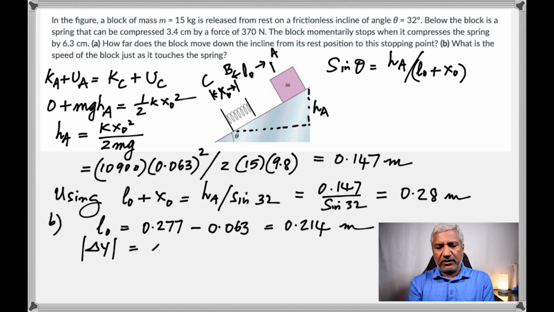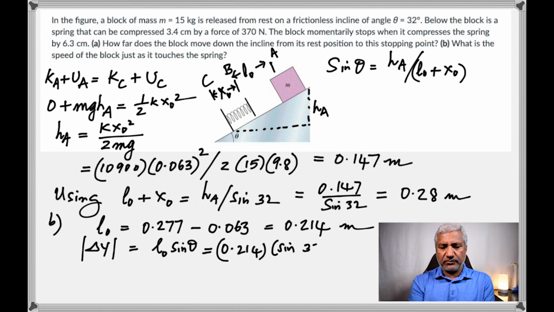And then using delta y, or the absolute value of delta y, is L0 sine theta, we get this as the answer. Delta y is just whatever it came down by, that's L0, so we've got a little triangle there. And that's the height that it dropped through when it finished moving through L0.